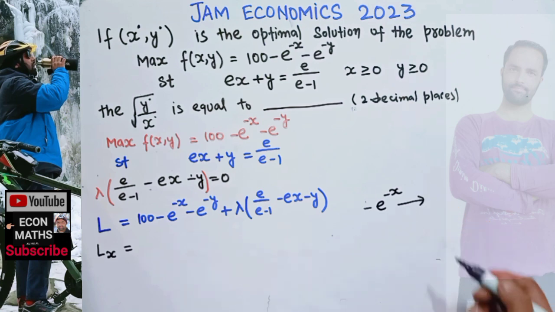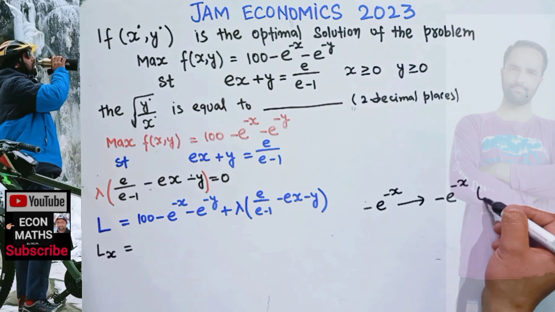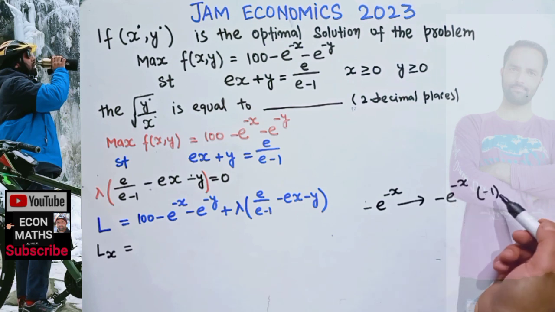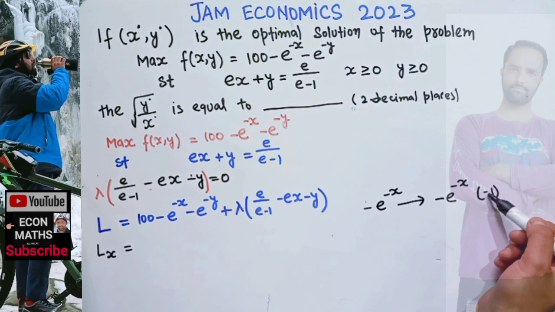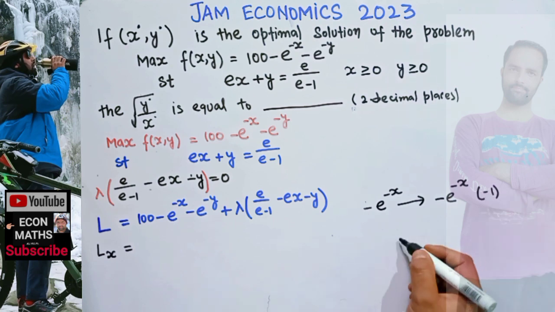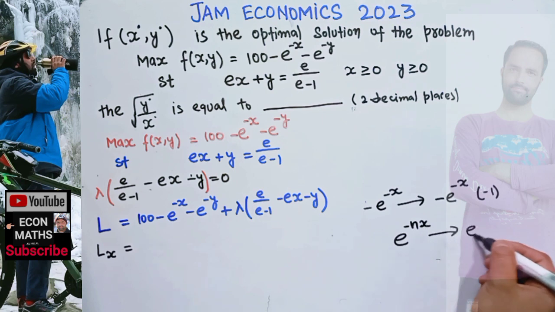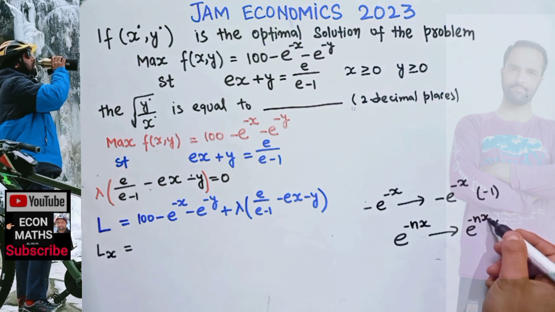Its derivative with respect to x will be minus e^(−x) times minus 1. If we have e^(−nx), its derivative is e^(−nx) times the derivative of the exponent, so we are left with minus n. I am just following this very procedure here.